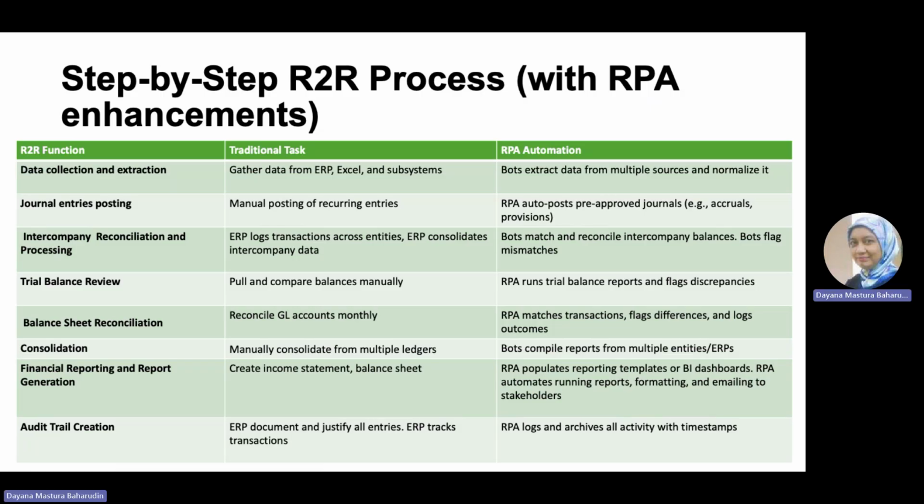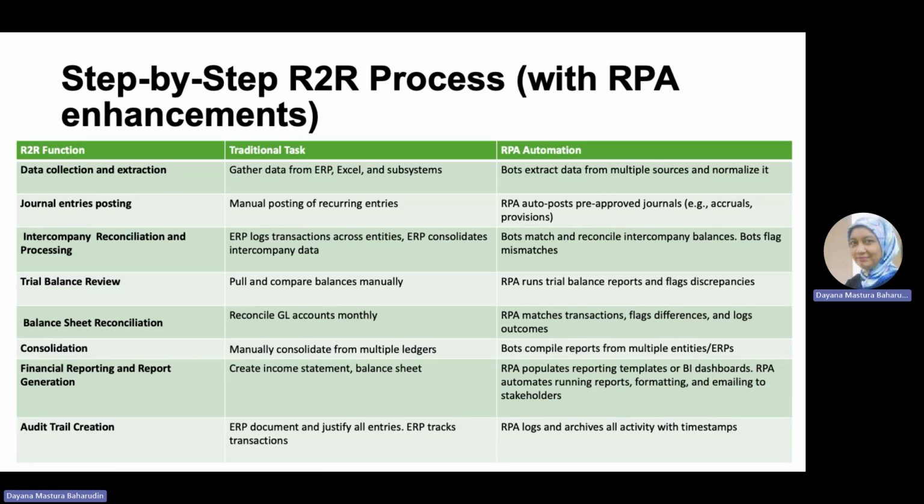Let's have a look at how R2R is better with RPA enhancements. We have three columns here. On the left-hand column, we have the R2R function, the middle column is the traditional ERP, and on the very right is the RPA automation.